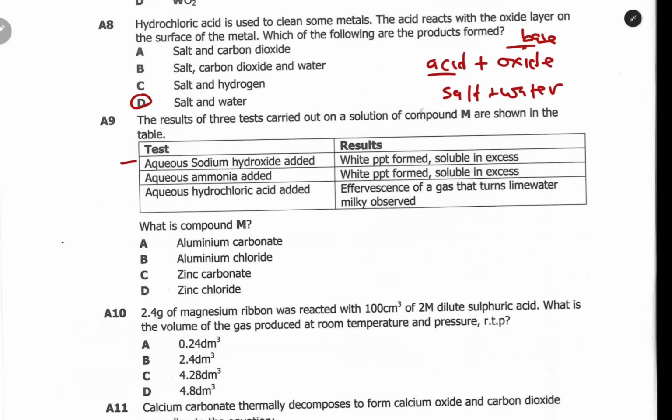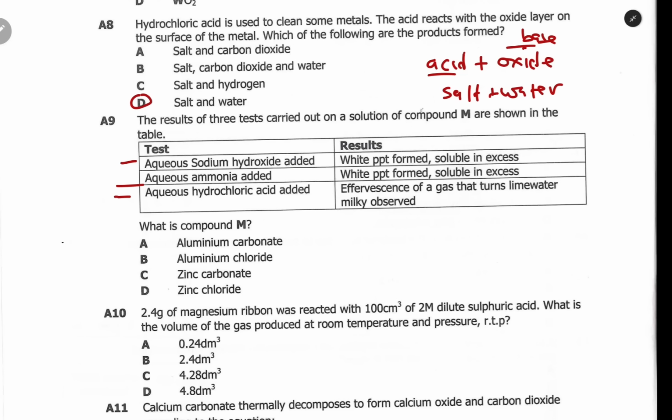White precipitate, PPT please, is precipitate. A white precipitate forms, soluble in excess. Then aqueous ammonia added, a white precipitate forms, soluble in excess. Then aqueous hydrochloric acid added, effervescence of a gas that turns lime water milky is produced.